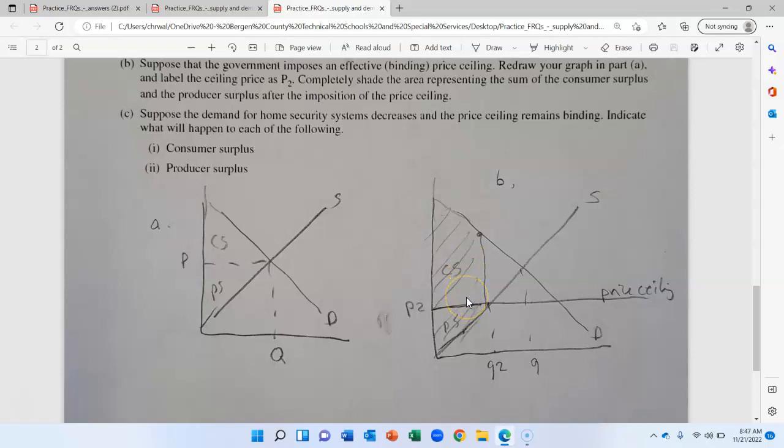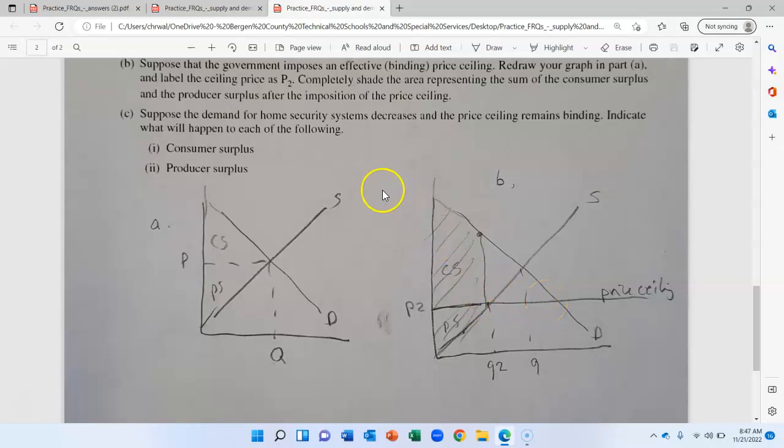If the consumer surplus is really so much better, that might mean because the price is so much lower. If it's not really that much better, we might say because the number of consumers served might be less. But in any case, you can see the consumer surplus, the producer surplus, and you have the effective price ceiling.